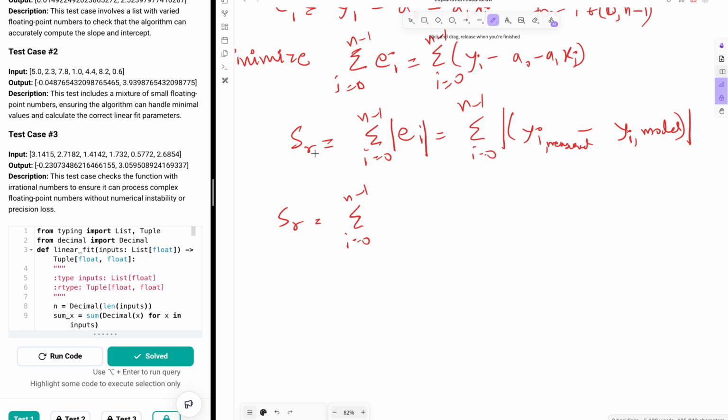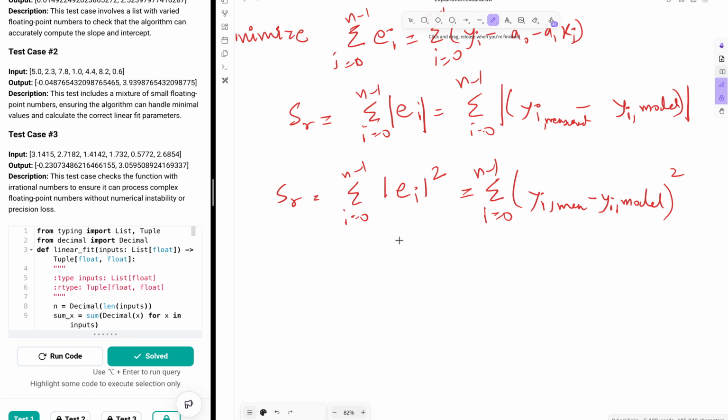So where this square gets minimized, that would be our minimum point of y_i measured minus y_i model. So this would be the general algorithm which we need to minimize.